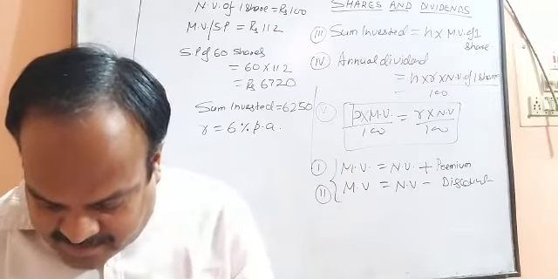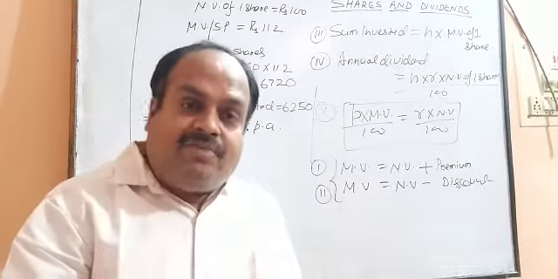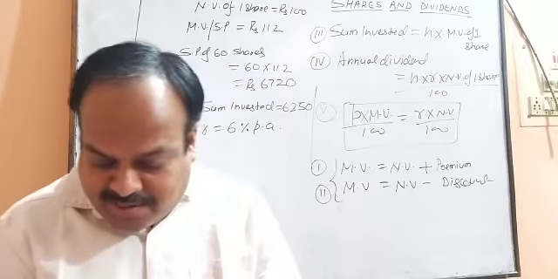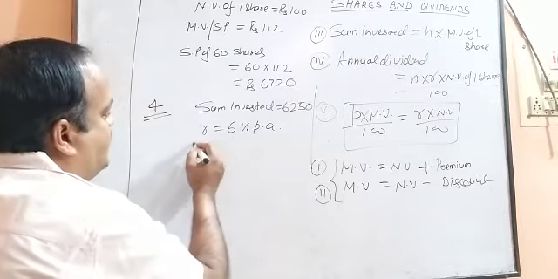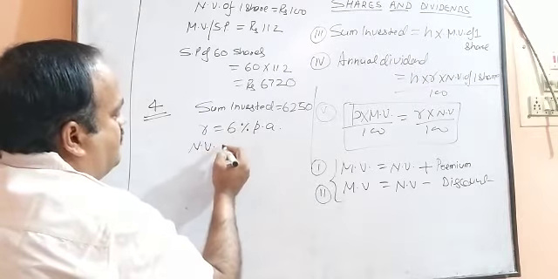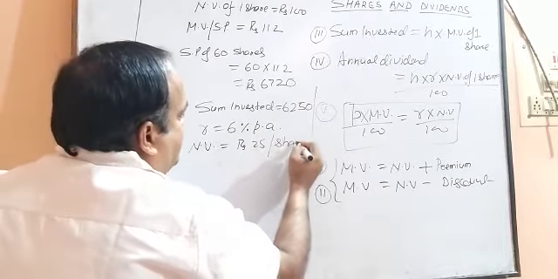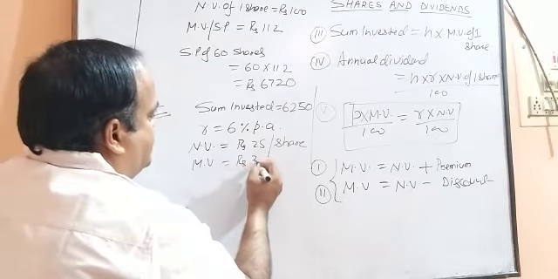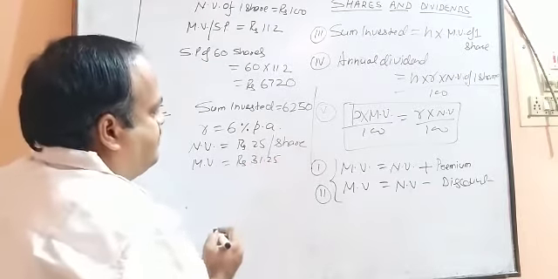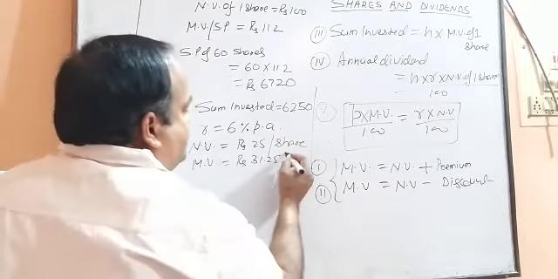Second one, Ravi bought 25 rupees shares for rupees 31.25. So nominal value is rupees 25 per share and market value is rupees 31.25 per share.